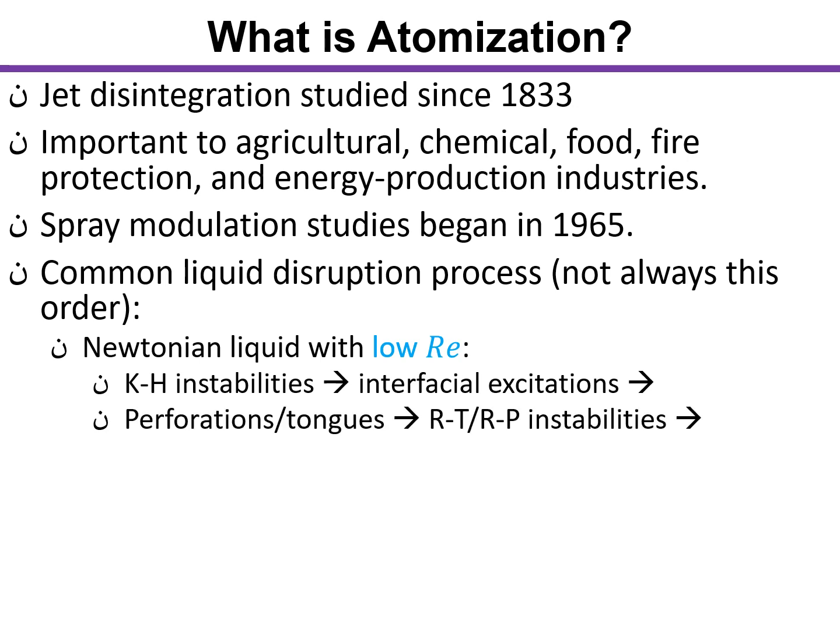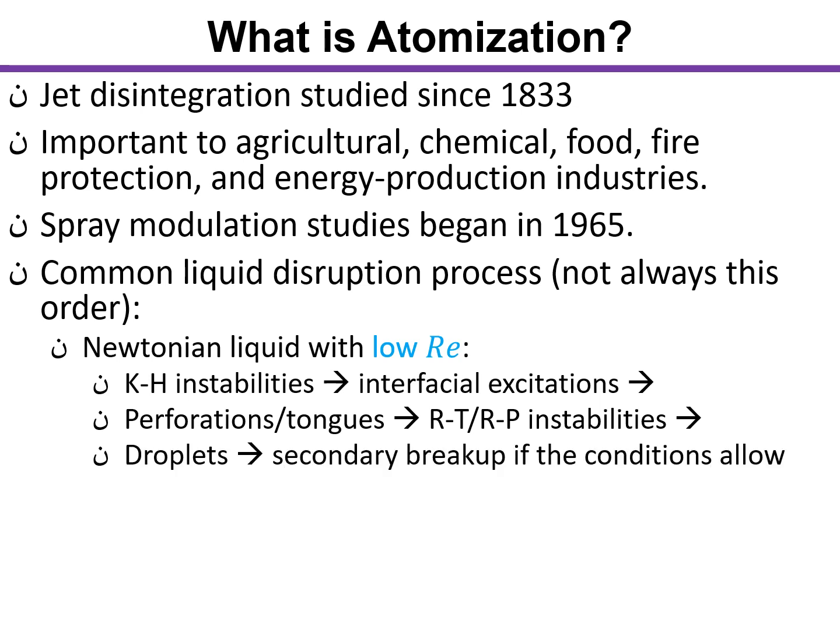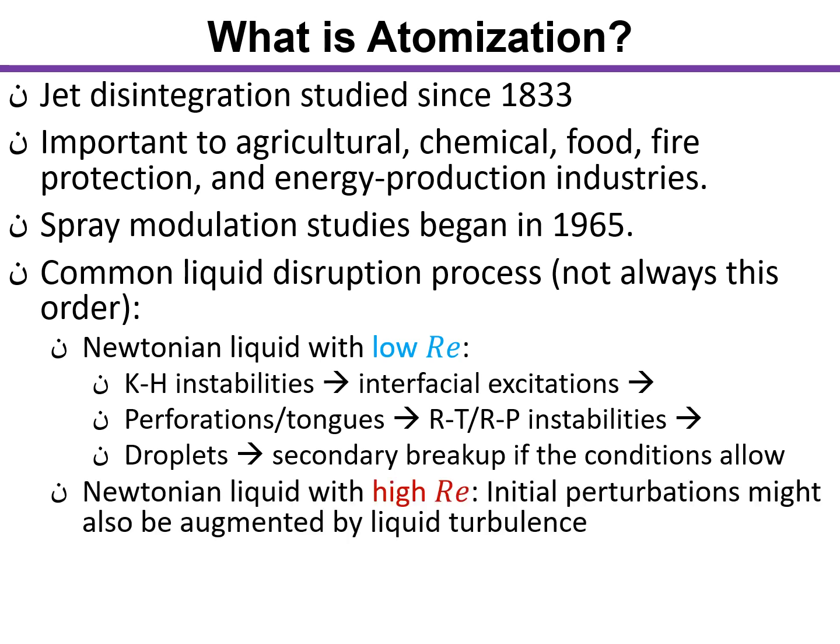That leads to either concave in, concave out perturbations, and that takes on the form of perforations or tongues depending on which direction they're curved, and that's going to necessarily exacerbate or capitalize on the Rayleigh-Plateau instabilities, and that's going to produce droplets. They're going to break away, and if conditions are right, we'll have secondary breakup as well.